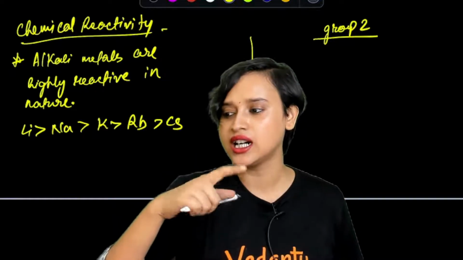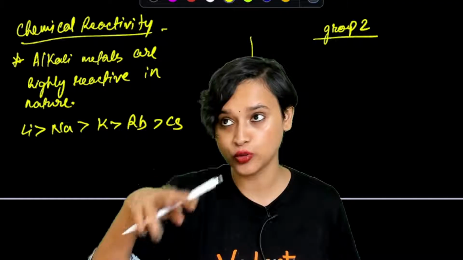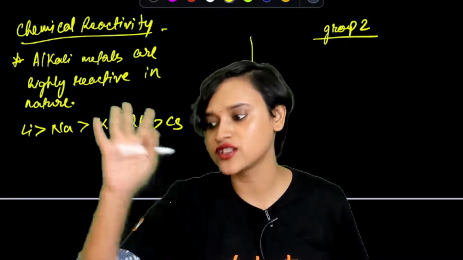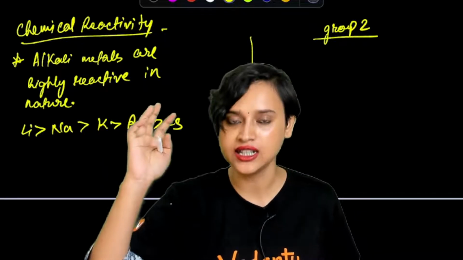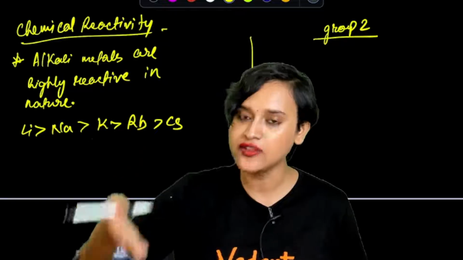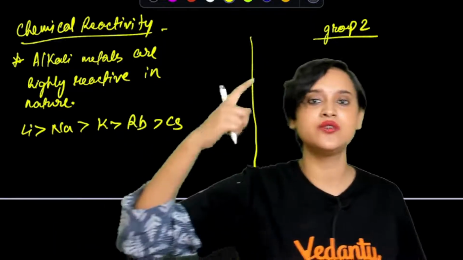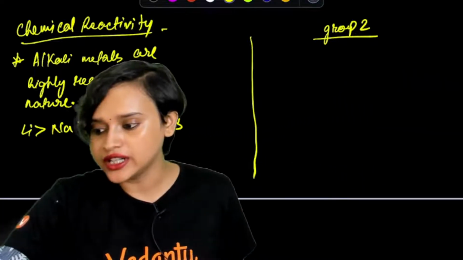And one last thing that is left is P block, oxygen to noble gases. These are the only chapters that are left, and we have anyway started organic. So with organic, side by side, we will keep continuing those as well.